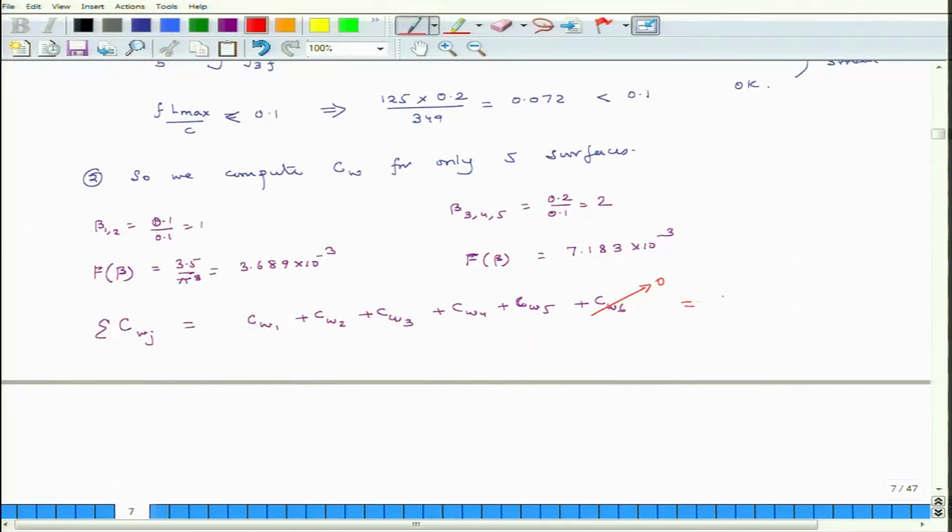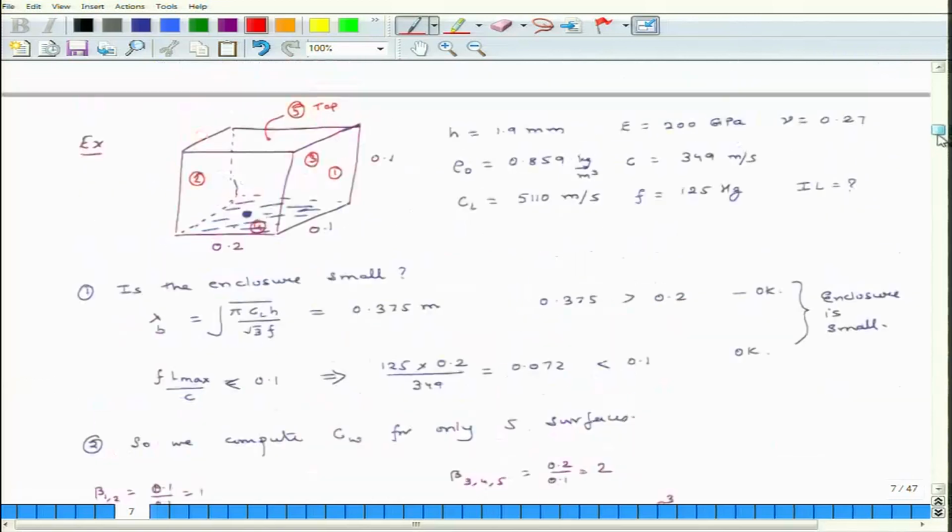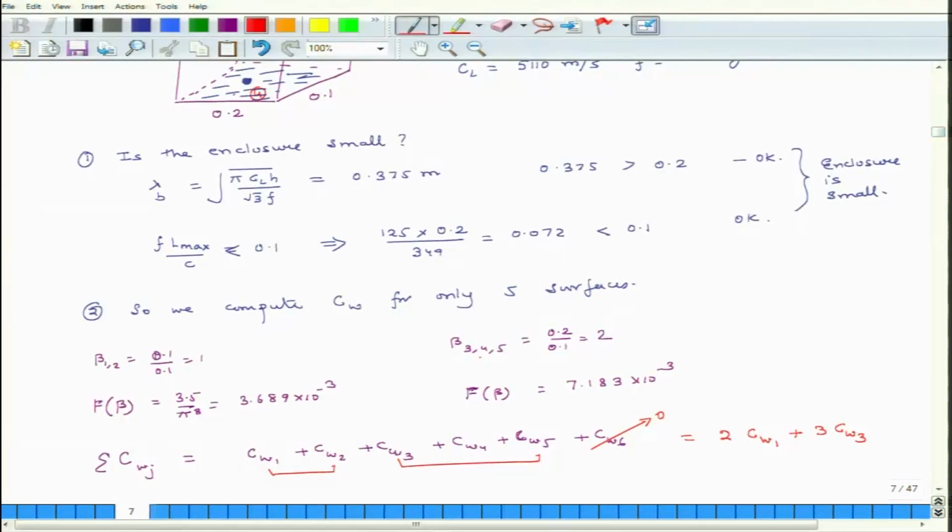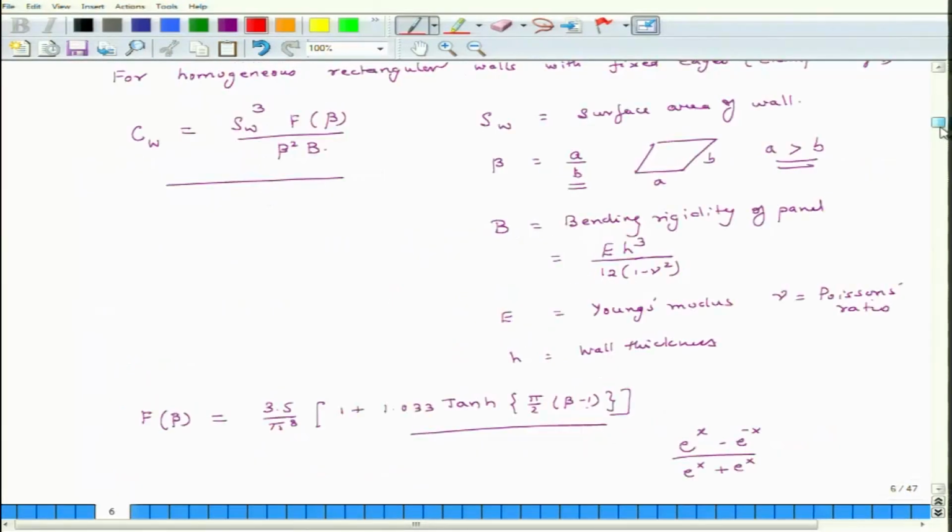So, this is equal to 2 CW1 plus 3 CW3. Okay. Why? Because these two guys are having the same value and these three guys are having the same value. Why will they have the same value? Well, beta 3, 4, 5 is same, and you look at CW, beta is same, SW for each panel is same.